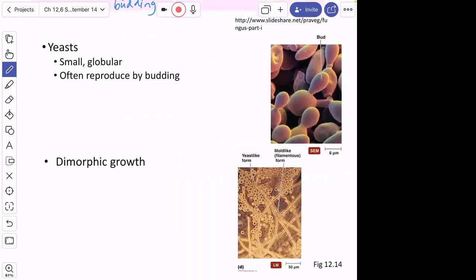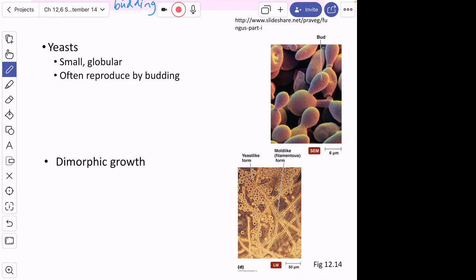Not as much terminology with the yeast morphology. They're just small globular cells. They're typically not perfectly round, like we would see cocci in bacterial cells. And of course, they're much bigger than bacterial cells. And they usually reproduce by budding, what I just talked about.